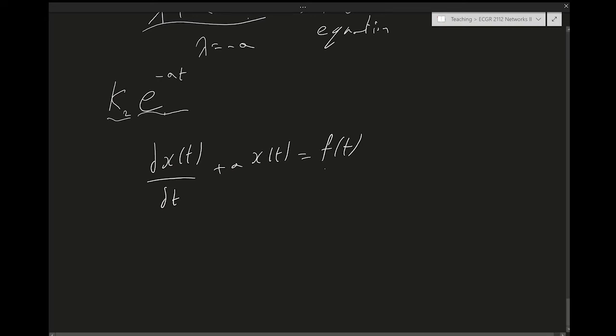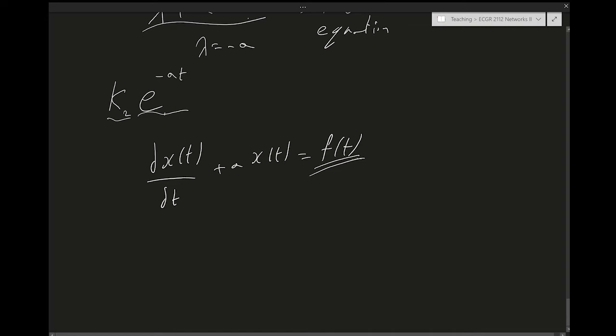If I have a time varying system, if f of t changes generally with time, it will be hard to find the solution. We need to use more advanced techniques, something like the Laplace transform. If a is varying with time, forget about it. The solution will be impossible to find, even with the Laplace technique.